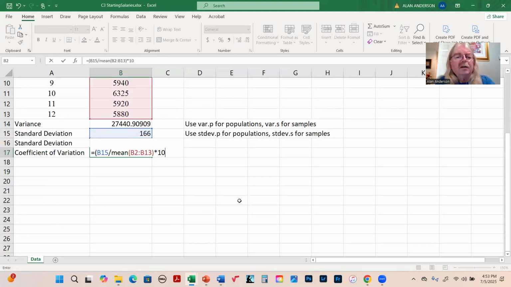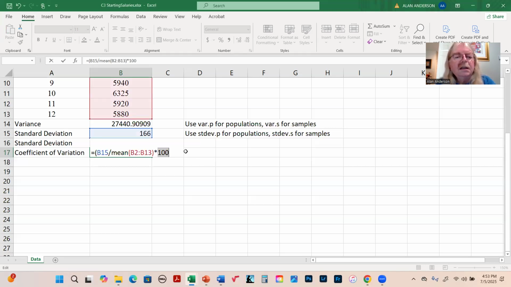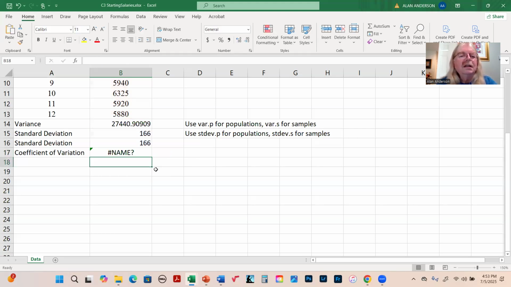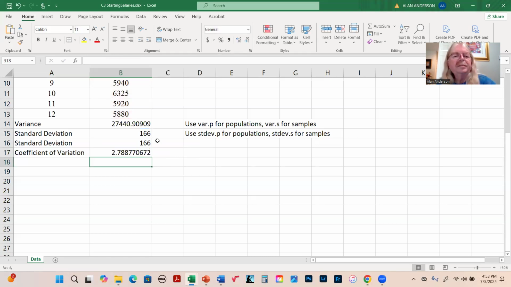And then multiply by 100. Oops, I missed one of the parentheses. Uh-oh. Oh, I'm sorry. I just realized, what am I saying? It's AVERAGE in Excel, sorry. There we go. Now we're good.